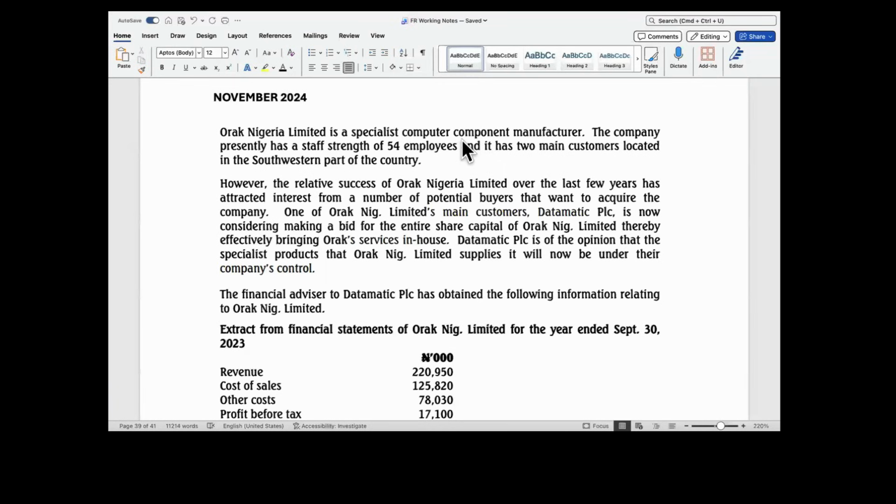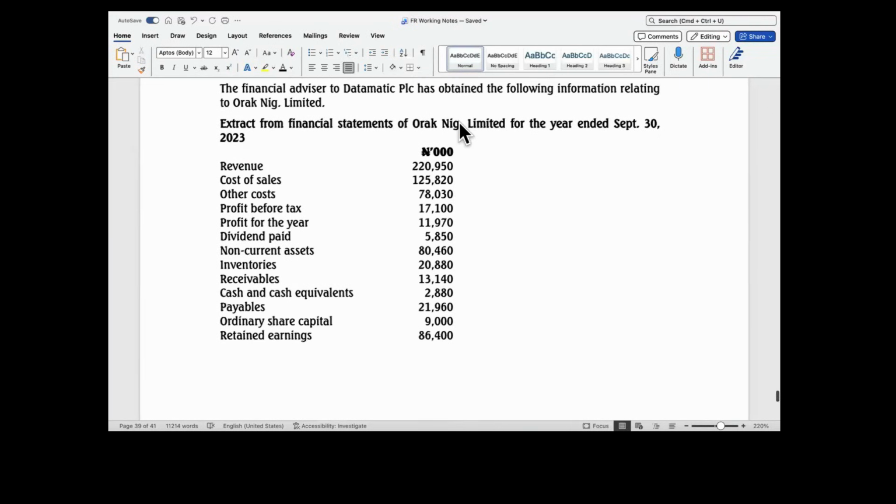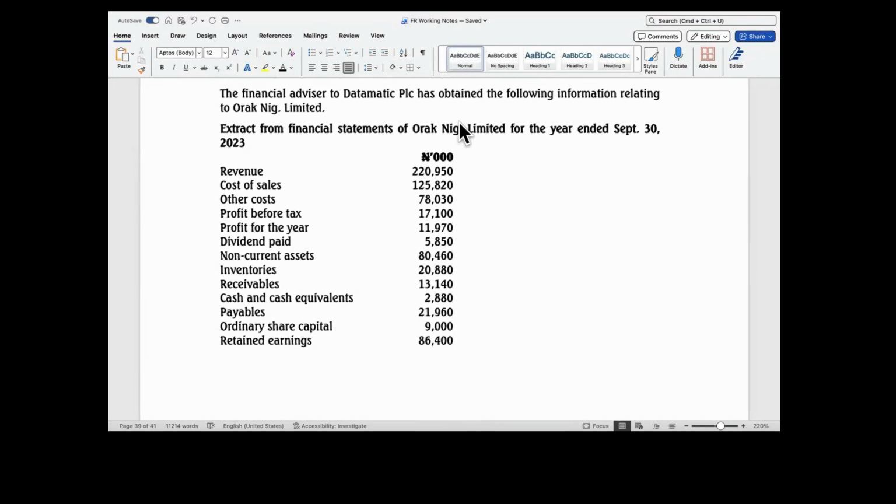Datamatic PLC is of the opinion that the specialist products that Orak Nigeria Limited supplies will now be under their company's control. The financial advisor of Datamatic PLC has obtained the following information relating to Orak Nigeria Limited. Extract from the financial statement of Orak Nigeria Limited for the year ended September 30, 2023.